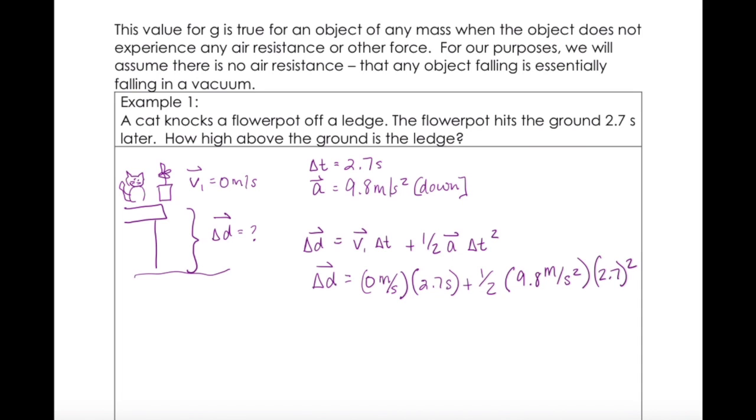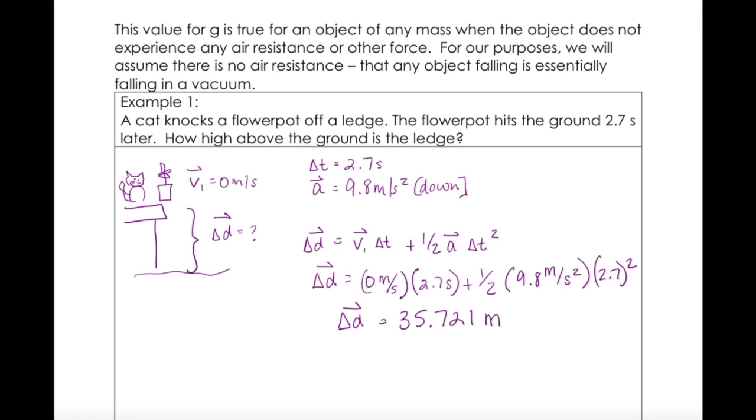Whenever we put this in the calculator, we should get 35.721 meters. So the flower pot was almost 36 meters above the ground.